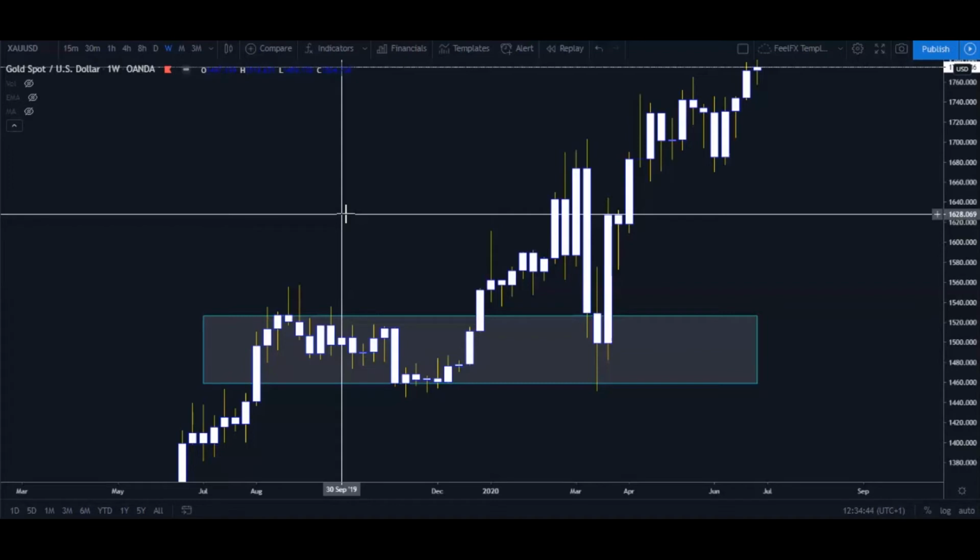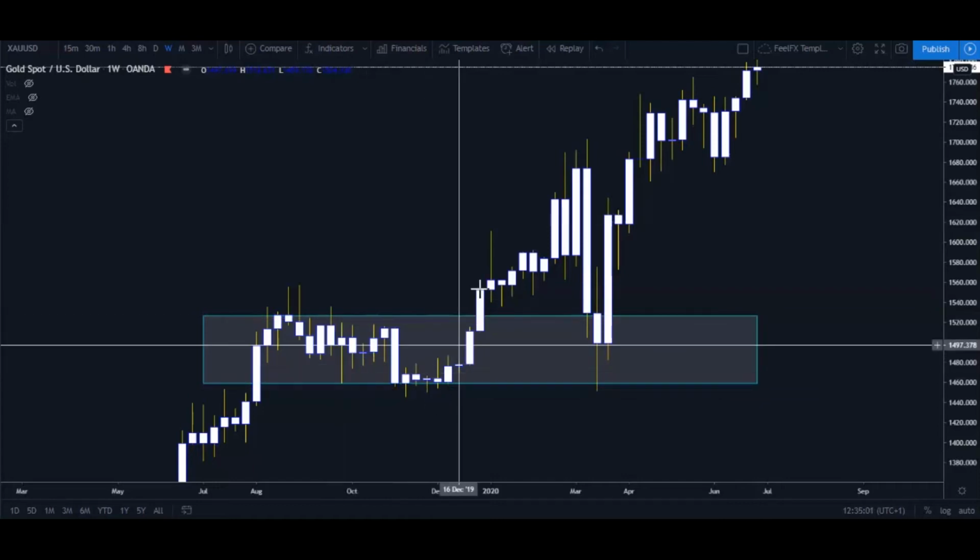It almost seems that it's not going to come back for a retest, and all of a sudden it comes back straight away to support or resistance to retest the broken structure, and then it carries on with the overall direction. So in this case, as you can see, we had such a nice breakout.